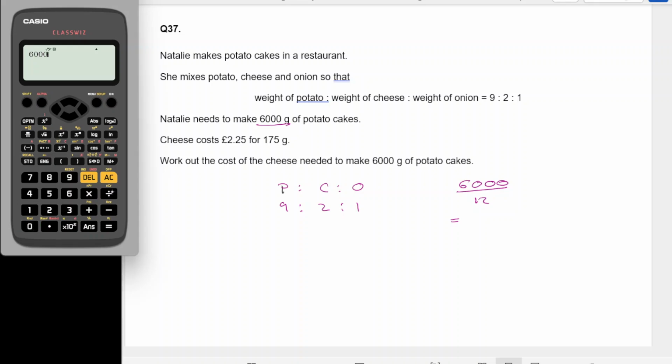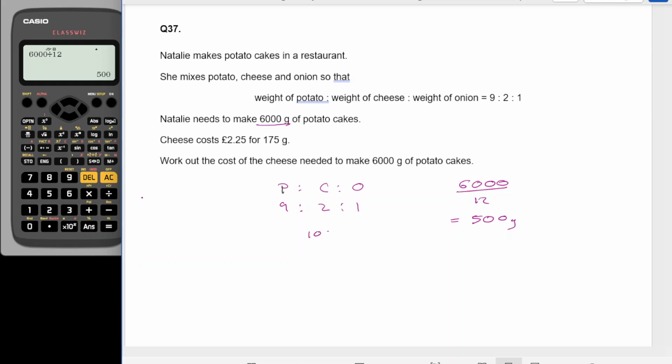So I think that's 500. So each part is going to be worth 500 grams, which means if we just look at cheese, she needs 1,000 grams of cheese, because we would need to times each of these by 500.